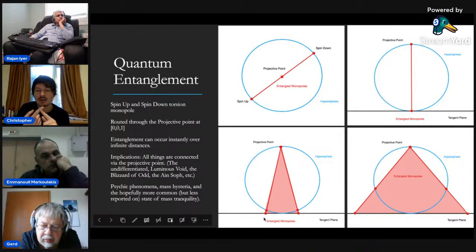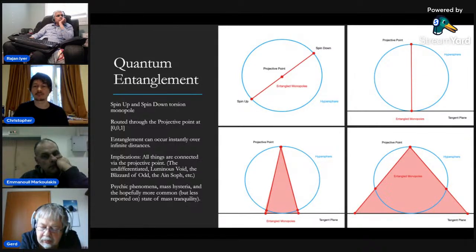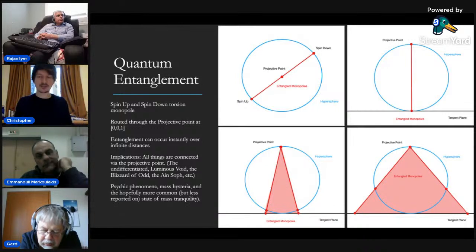So there's some sort of gear mechanism at work in the torsion. But it doesn't matter how far away they get, this relationship between the two particles will remain the same, and it will be instantaneous.